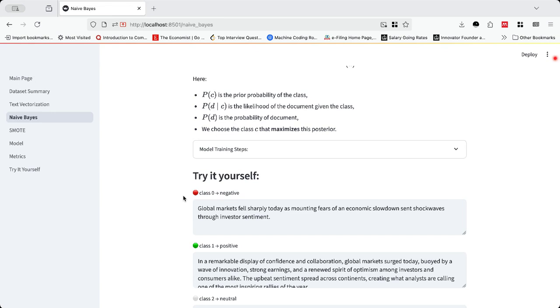Since we expect intuitively to encounter the word strong more in documents which are labeled positive, the ratio of strong to total words in positive documents would be higher than for negative or neutral documents. We do this for other words in the document as well.